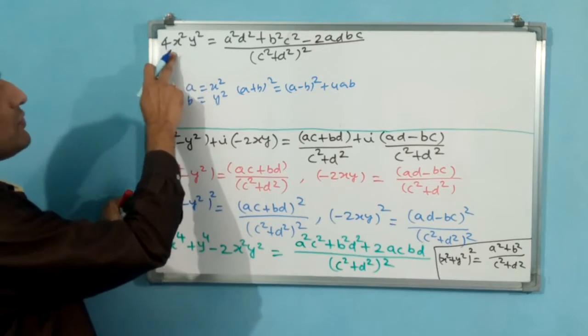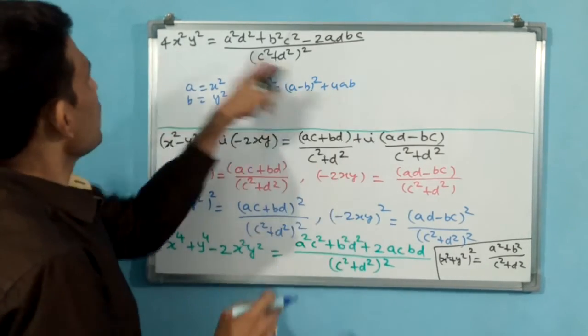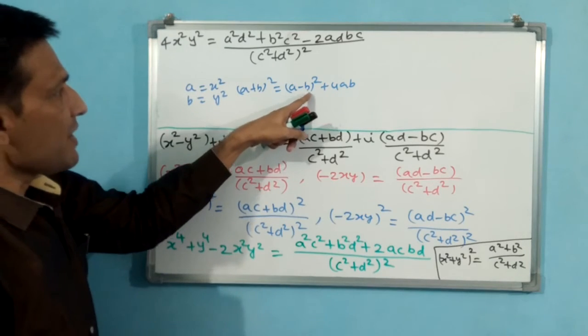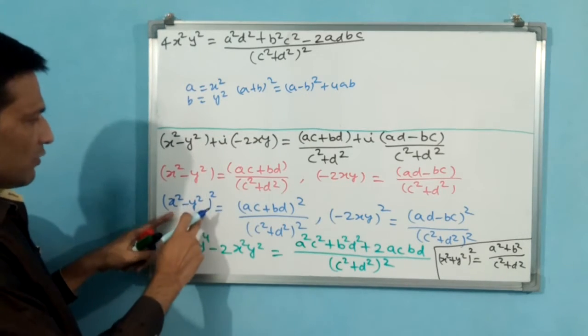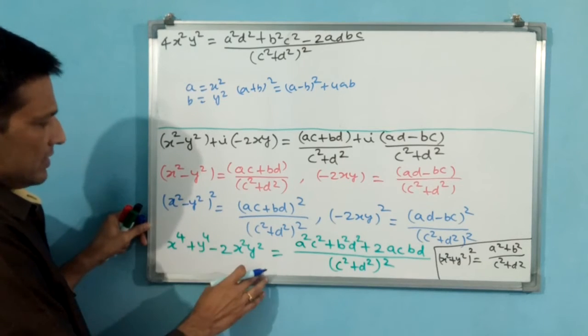You see, a is x square, b is y square, 4ab you are having here, and a minus b whole square you see here.